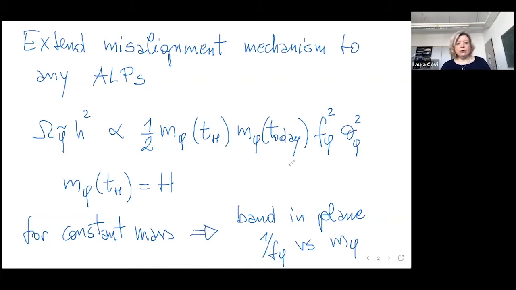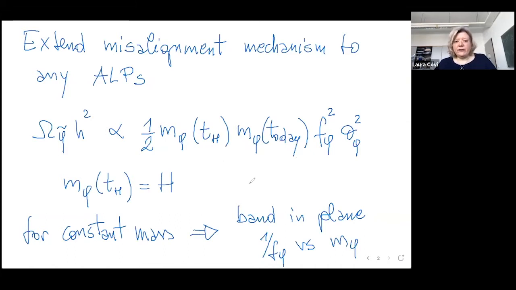Okay, so this one I will show later on in a plot. That will highlight exactly the region you could expect to have in the case where you're using an ALP as dark matter instead of an axion.